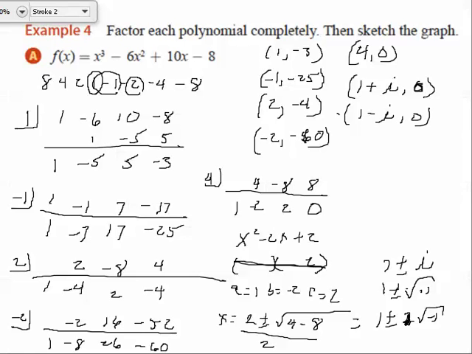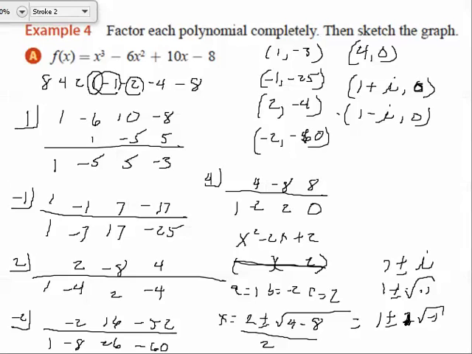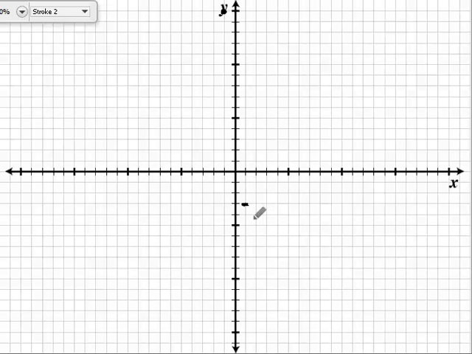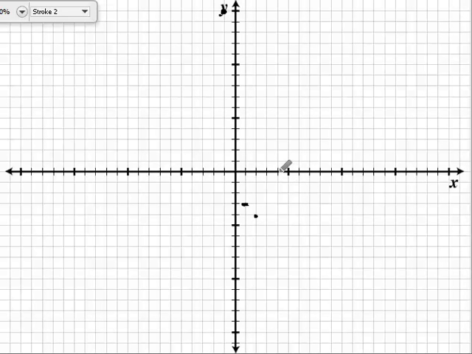I've got -1, positive 25, it's way up here. I've got 2, -4, so at 2, it's at -4. And then I've got 4, 0, like that.